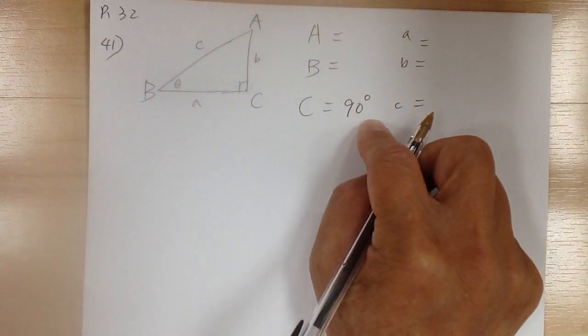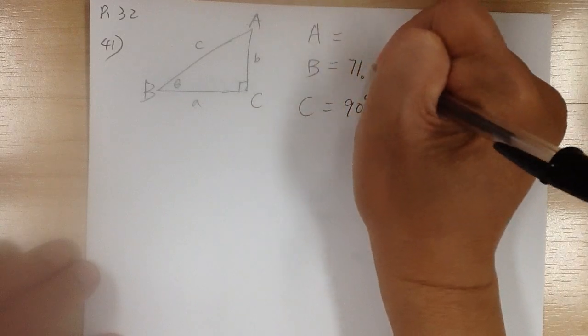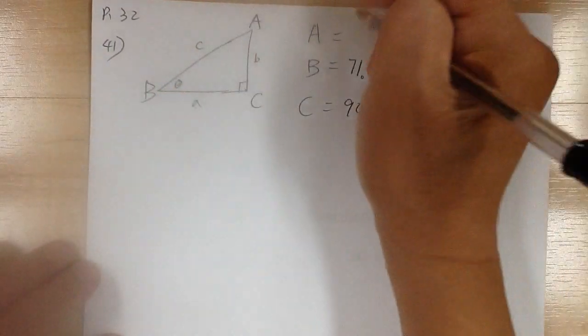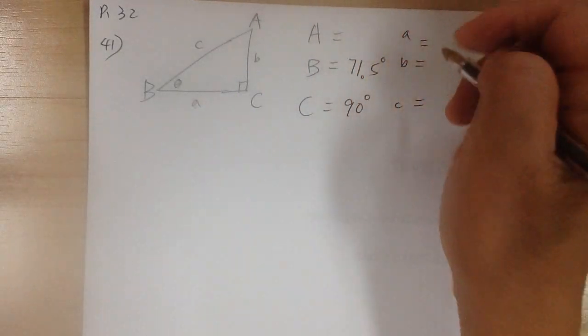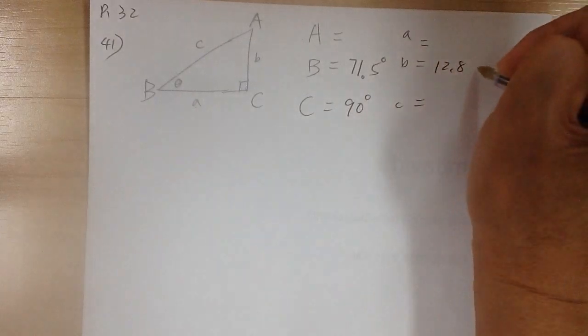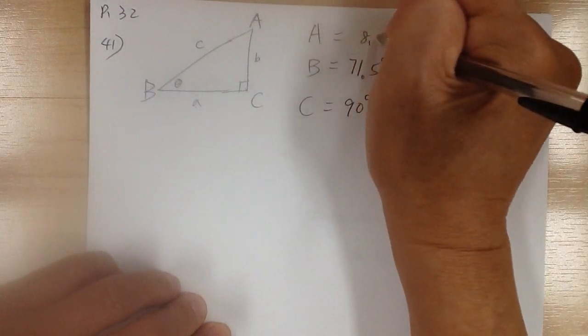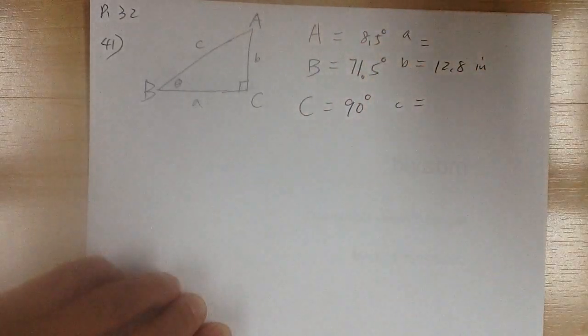Theta is 71.5 degrees, so theta and angle B are the same. Small b is 12.8 inches. So right away you can find this angle over here, which would be 8.5 degrees. Double check. Yeah.